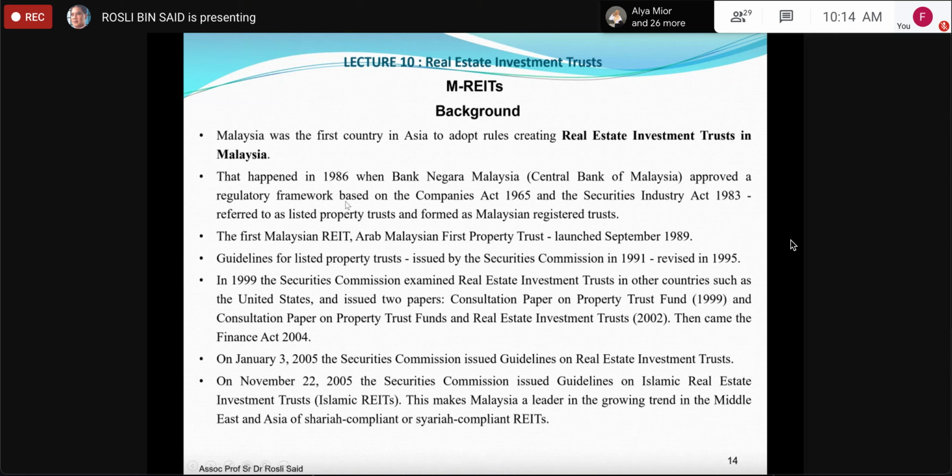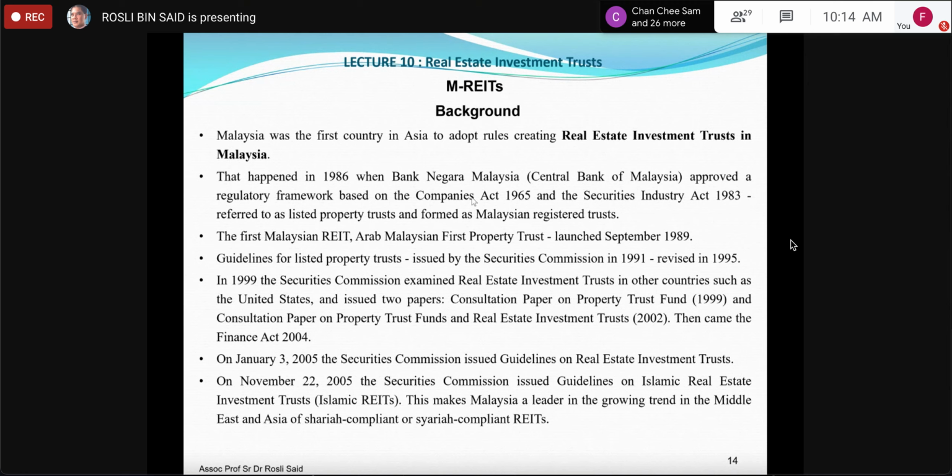So before 1986, we had property trusts. Property trusts work exactly like REITs, but they are not the same in terms of requirements. They do not have to distribute 90% of their income, for example, to their purchasers.